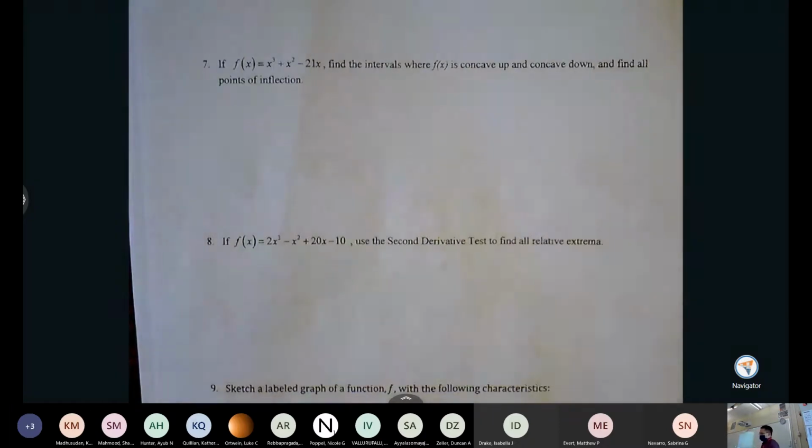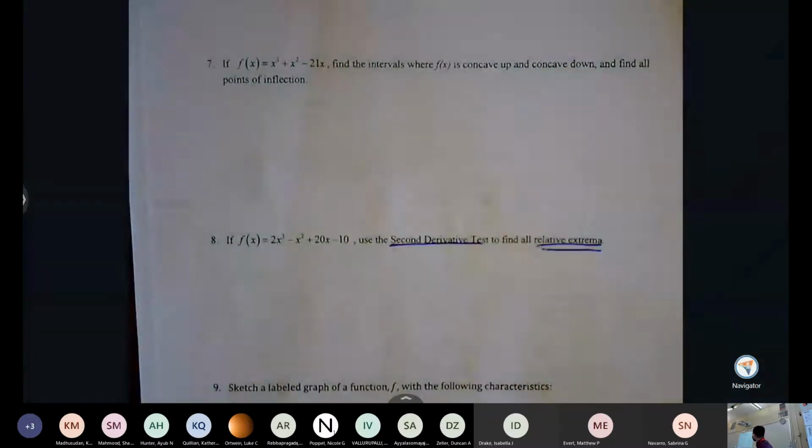Number 8, use the second derivative test to find relative extrema. We want to find max and mins.